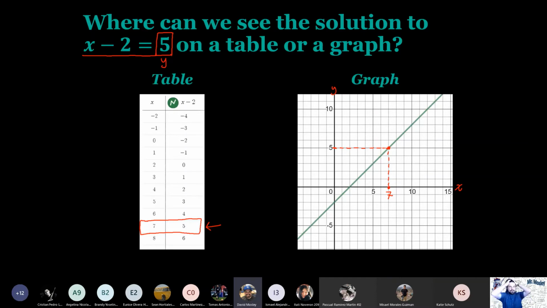So the idea is that we can see what a solution is. We can use some reasoning to figure out the solution, or we can use the table or the graph. So now we're going to practice understanding what a solution is.